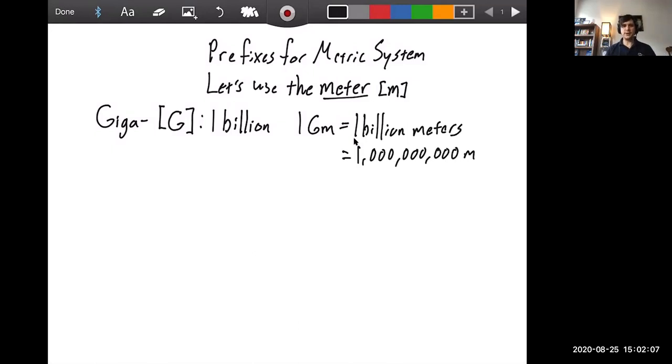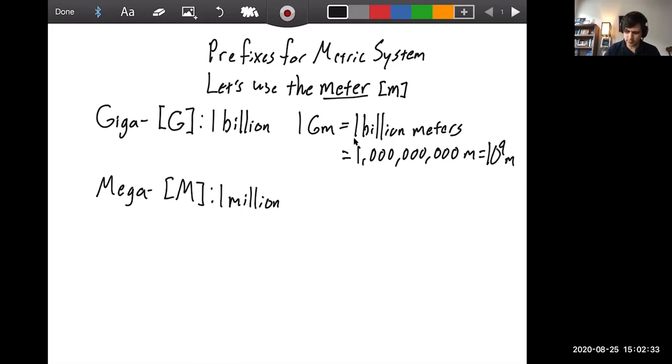So a lot to write out there. I could use scientific notation and say that's 10 to the 9th meters. Then we have mega, it's a prefix. We use the capital letter M, means 1 million of.